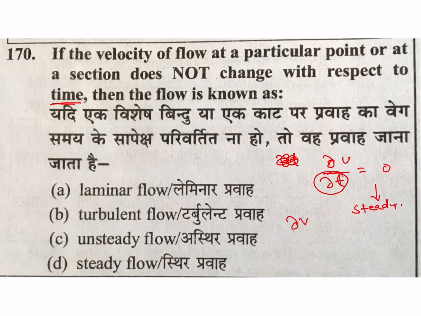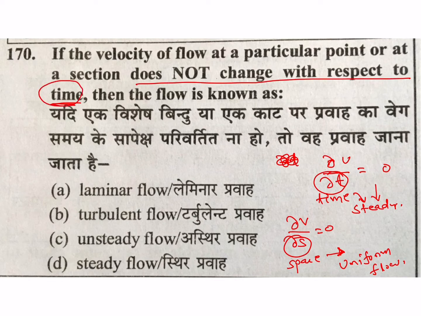If it is with respect to space, dv by ds equal to 0, that is uniform flow. With respect to time, it does not change, steady flow. If it changes with respect to time, then unsteady flow.